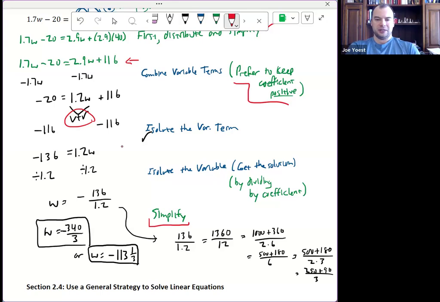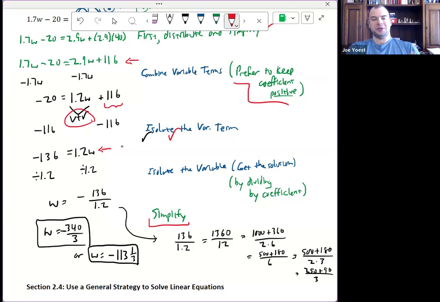I then want to isolate the variable term by moving the constant term. This plus 116 is attached to the 1.2W. Get that on the other side. I'll subtract 116 from both sides, leaving me with 1.2W equals negative 136. I've now successfully isolated the variable term.